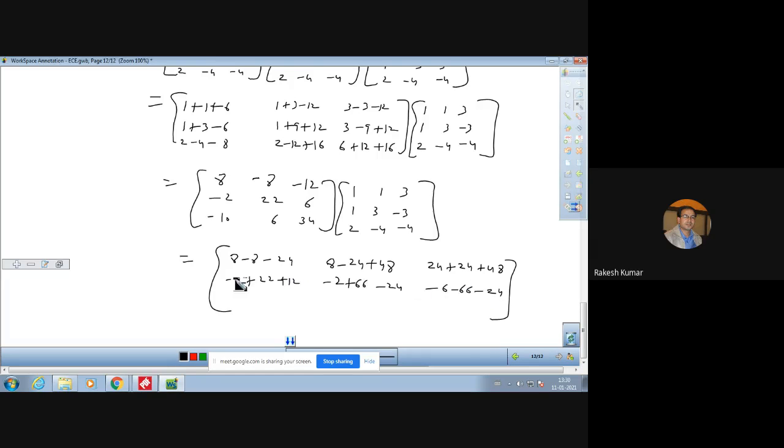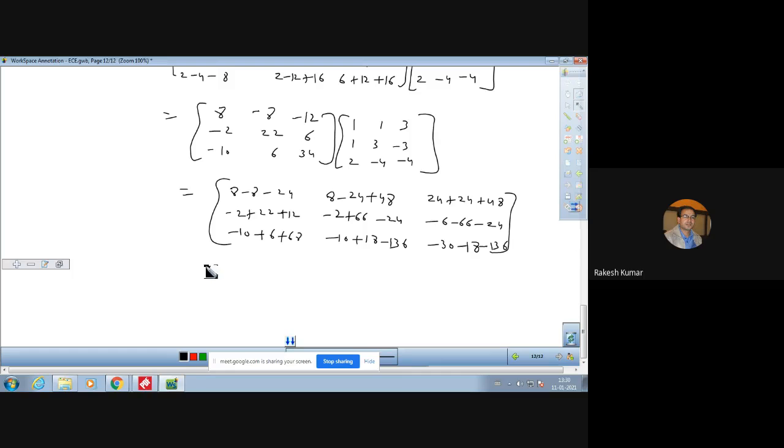This is minus 10 plus 6 plus 68, minus 10 plus 18 minus 136, minus 30 minus 18 minus 136. So after simplifying, this will give you the value of A cube: minus 24, 32 and 96, 32, 40, minus 96, 64, minus 128, minus 184.